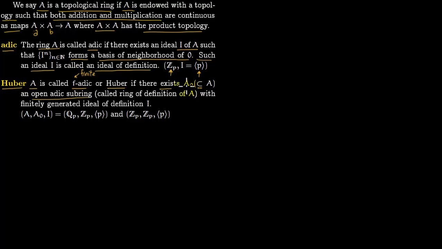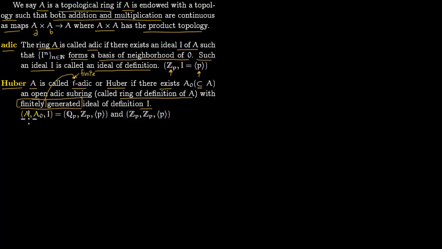This is called the ring of definition of A, and it has a finitely generated ideal of definition. So this I is the ideal of definition, but it is finitely generated. This finitely generated is what carries to this F here, finite adic. So your ideal of definition is finitely generated, and there is a ring A0 sitting inside.